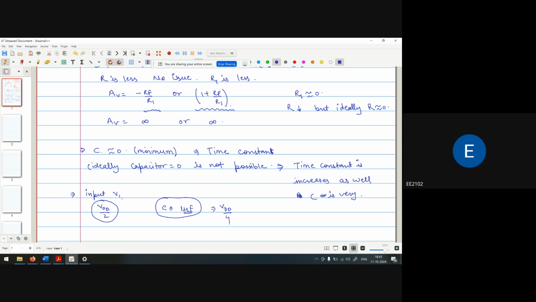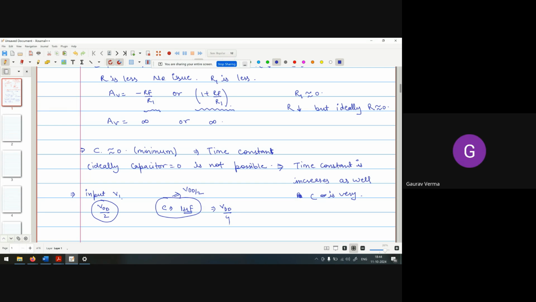So how is it possible that using this capacitor I am providing the VDD by 2 voltage? If a capacitor provides a maximum limit of VDD by 4, is it possible to use that capacitor to provide VDD by 2 voltage?